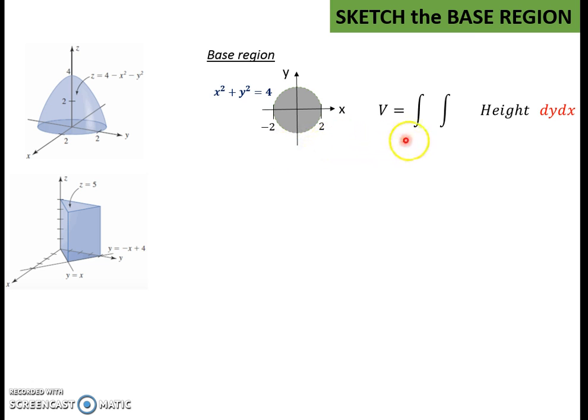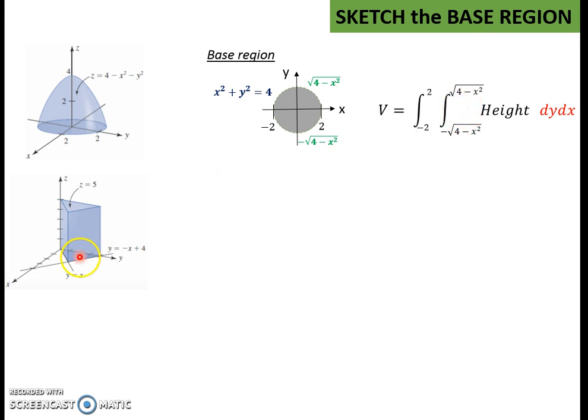Therefore, the integration limit for dx should be from negative 2 to 2, the exact value. Meanwhile, the integration limit for dy here should be in the function of x. Again, it should be in the function of x. As you can see here, the bottom y is equal to this function, while the top y is equal to this function. Therefore, the integration limit for dy will be from this one to this one.